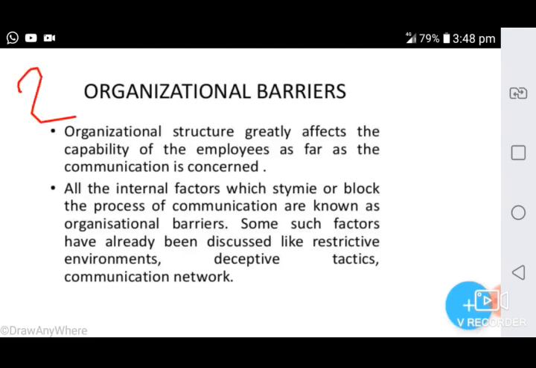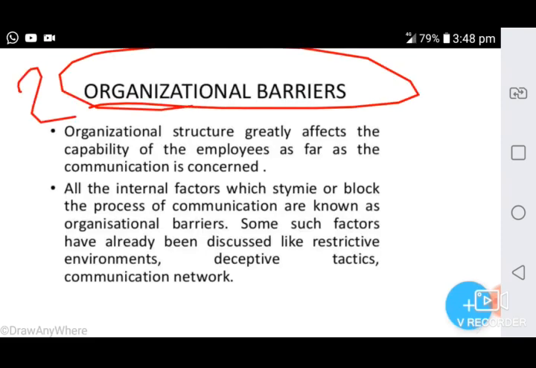Next one, organizational barrier. These barriers are related to organizational structure, authority relationships, rules and regulations. Organizational structure greatly affects the capabilities of employees. This barrier refers to problems in the flow of information among the employees that lead to commercial failure of an organization.